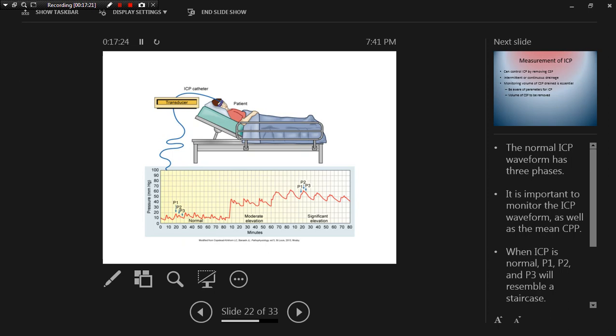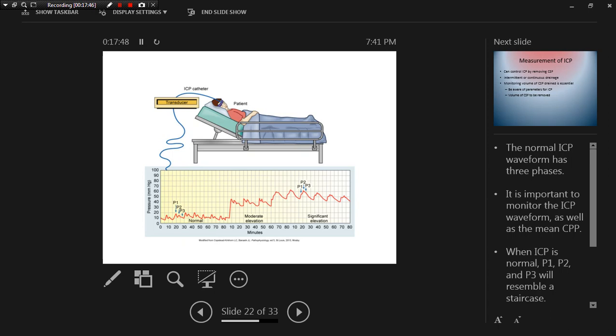So in addition to just looking at the numbers on the monitor, we said 5 to 15 is normal. Anything above 20 needs to be treated. There's usually a normal waveform for an ICP, a stepping stone, usually set up as a P1, P2, and P3. So it looks like a staircase.